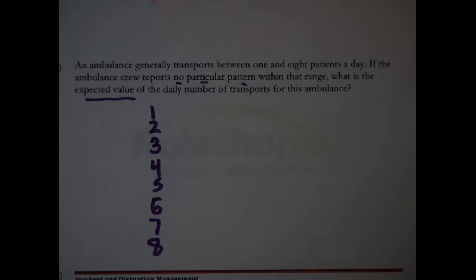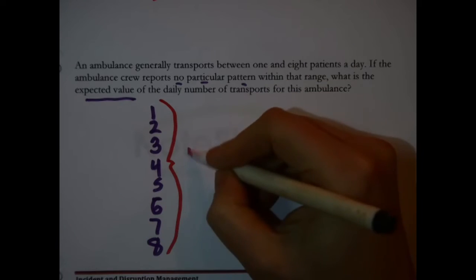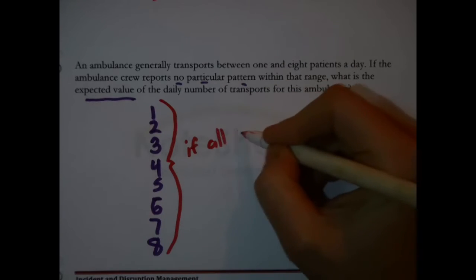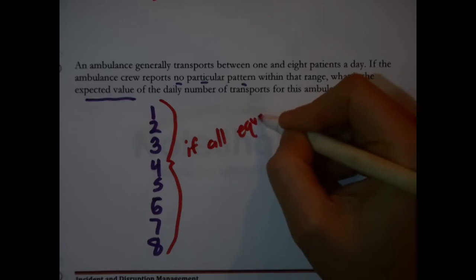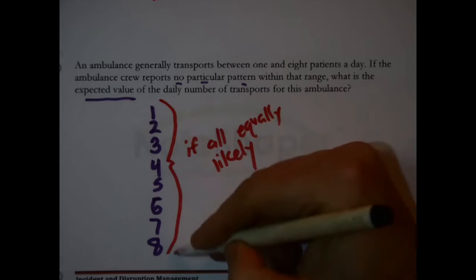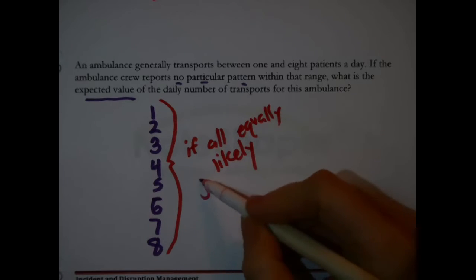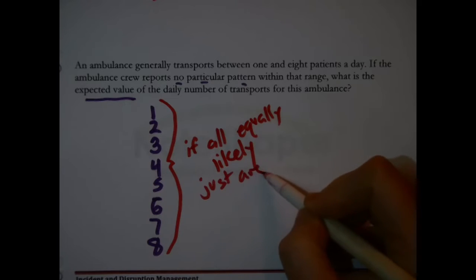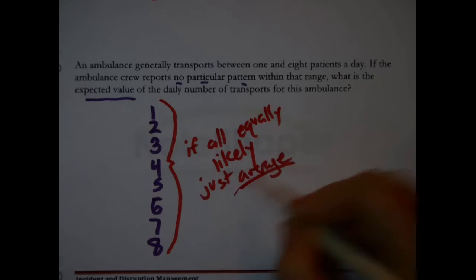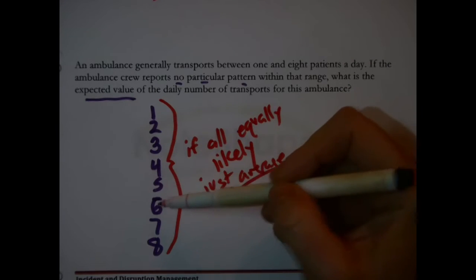But I'll tell you a shortcut. If the probabilities are all the same, if all equally likely, and that's what we mean by no particular pattern, that's the equivalent of just averaging this list. So I would average 1, 2, 3, 4, 5, 6, 7, and 8.